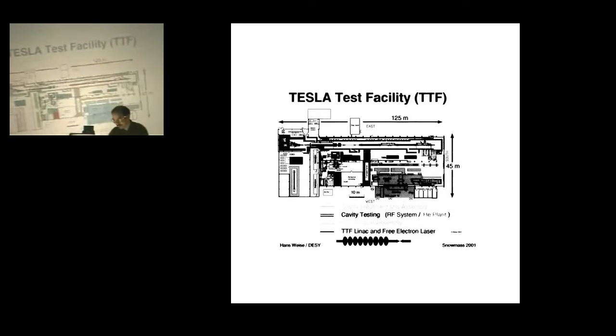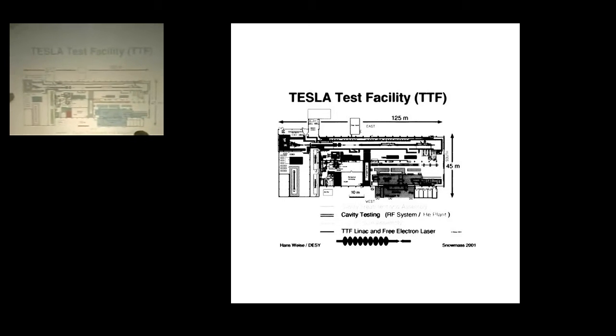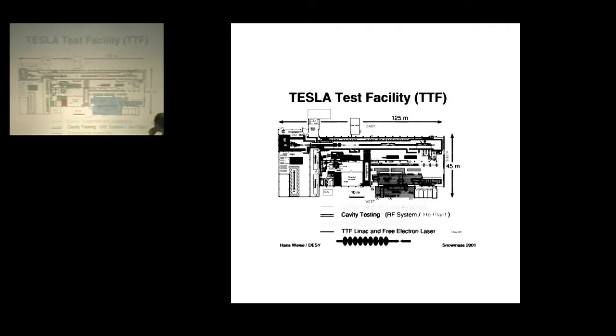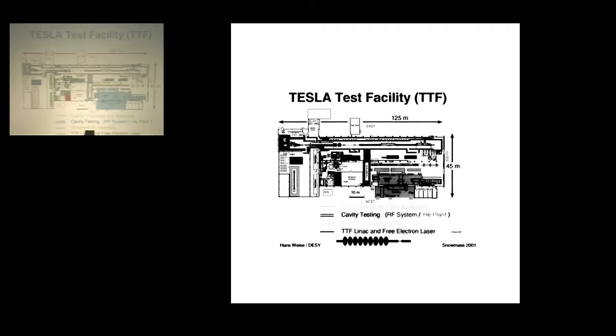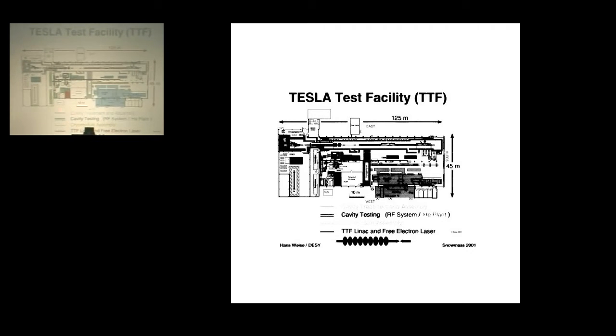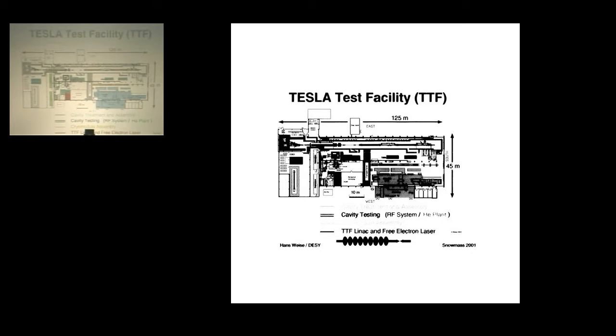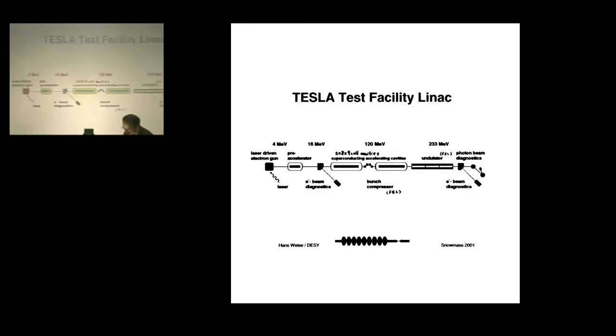Then let me start from the Tesla Test Facility. It looks like this, and there is the cavity treatment and assembly region, the cavity testing, and the cryomodule assembly region. And this is the TTF linac.